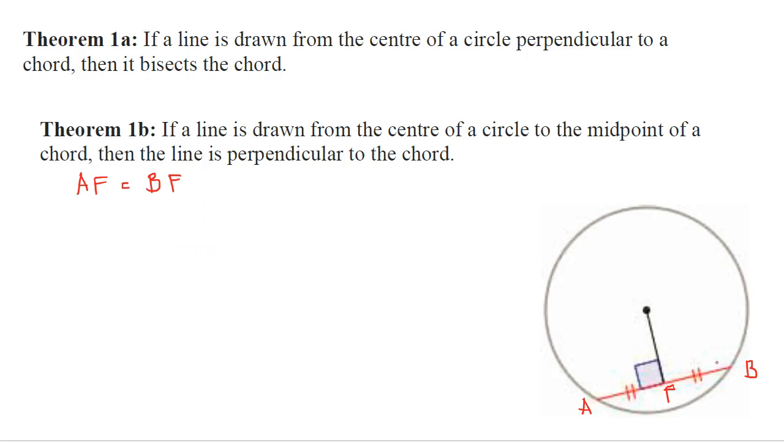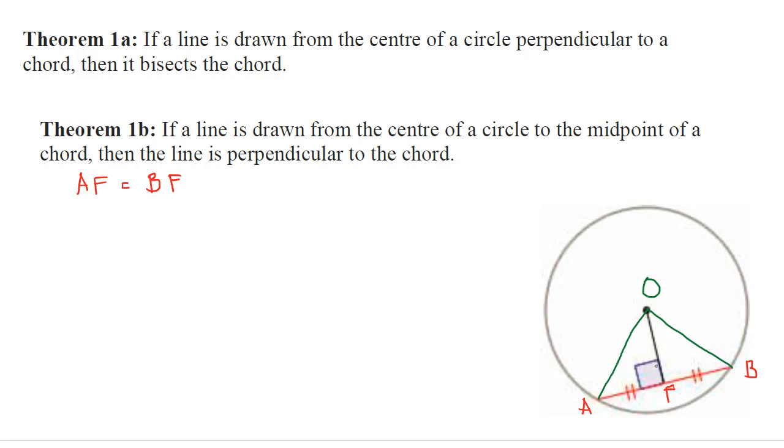According to Theorem A1, how can we prove that they are really equal? What we can do is draw a line here and have another line connecting. If this is O, then we have two triangles.